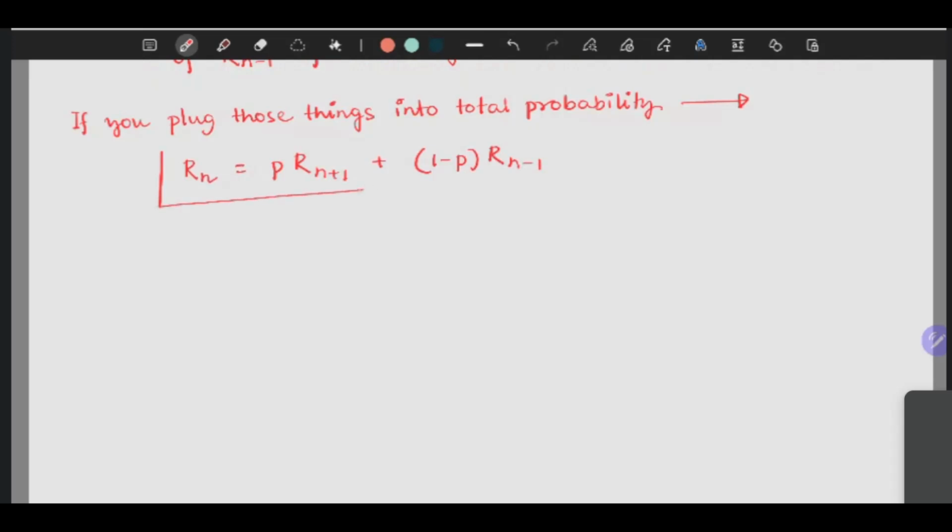So this is a recursion relation. We will solve this recursion relation. Okay.